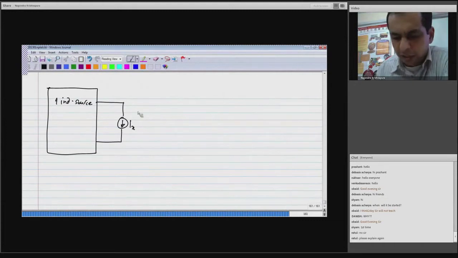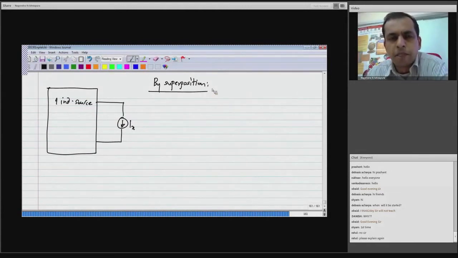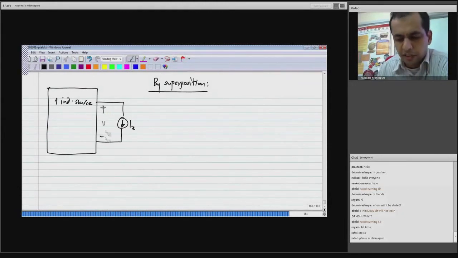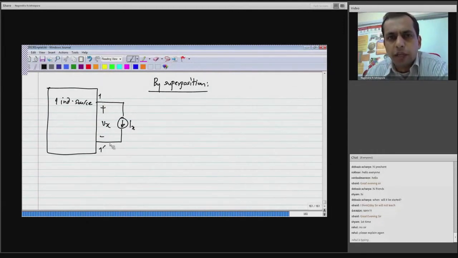So clearly, by superposition, what is the meaning of superposition? If you have a number of independent sources in a circuit, and you want to find a certain quantity, let's say this Vx at these terminals 1, 1 prime, then you can analyze the circuit with each independent source activated at a time.